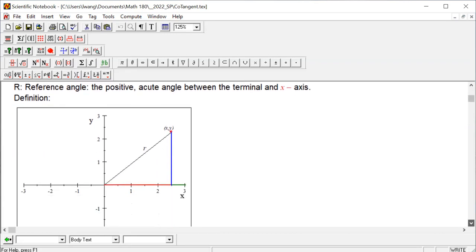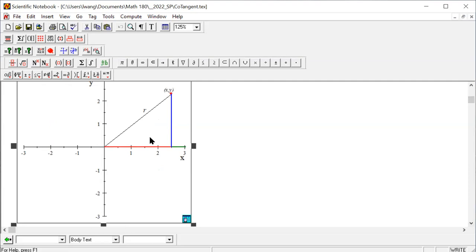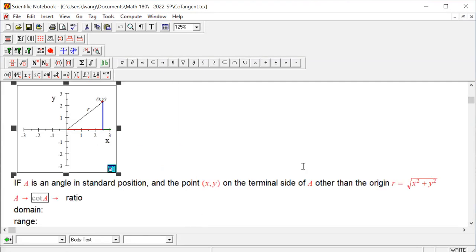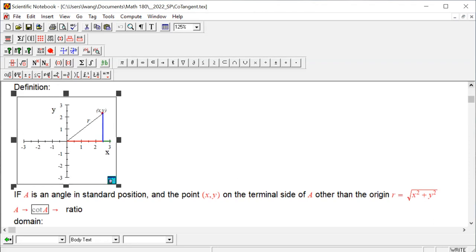And the definition: provided that we choose any point on the terminal side of the angle, other than the origin, we choose a point x comma y. So r is the square root of x squared plus y squared, which guarantees that r is going to be positive.